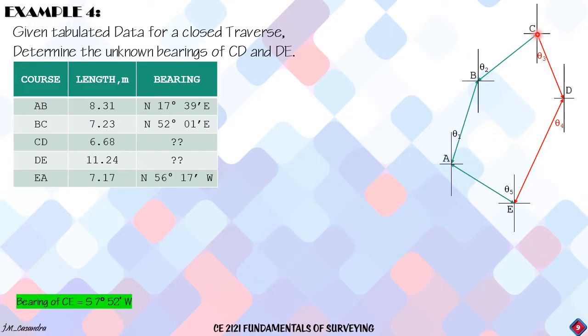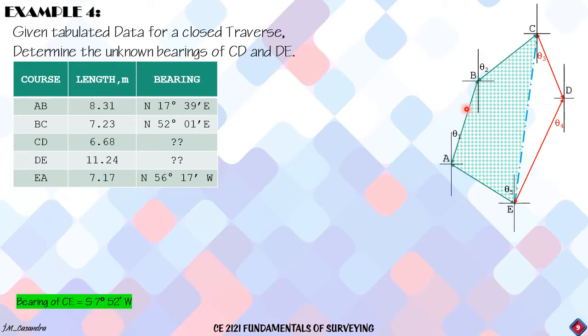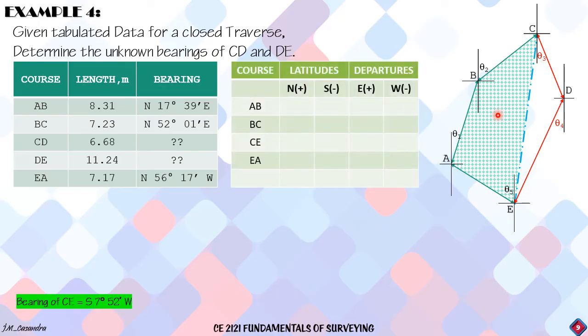We'll be closing it at point C and point E. So we'll now be considering the new traverse AB, BC, CE, EA. Okay. So from this, we now solve for the latitudes and departures.